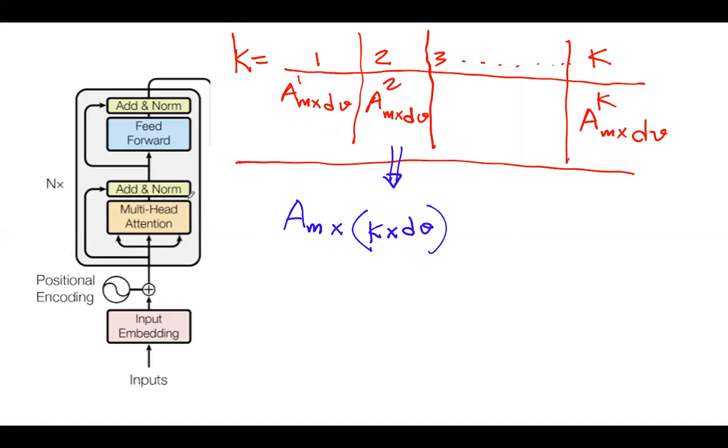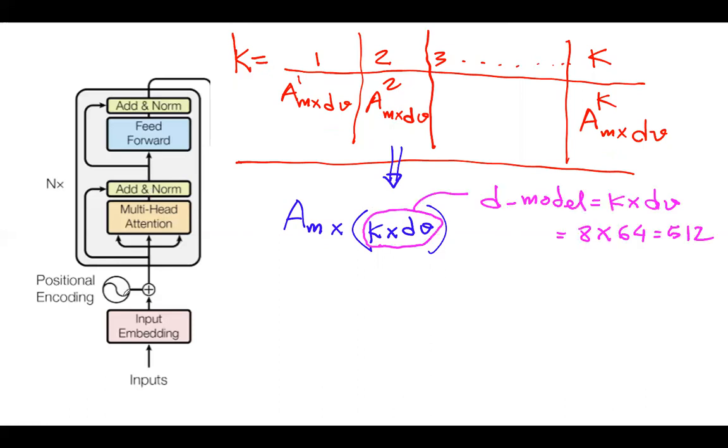So at this point, this A is the output coming from here, right at this point over here. We need a long way to go, right? So together, K times d_v, we're calling it d_model. So d_model is a model parameter you have to input when you are building one of these transformer encoder models.